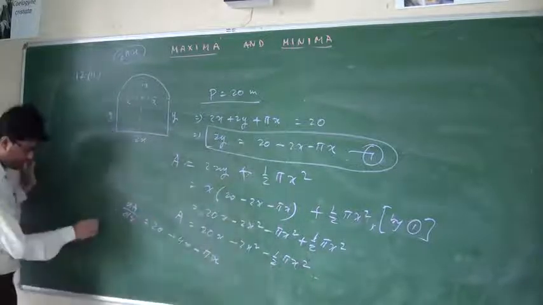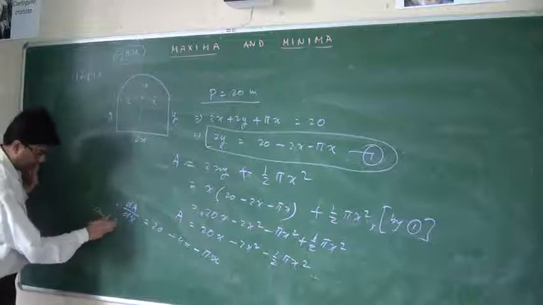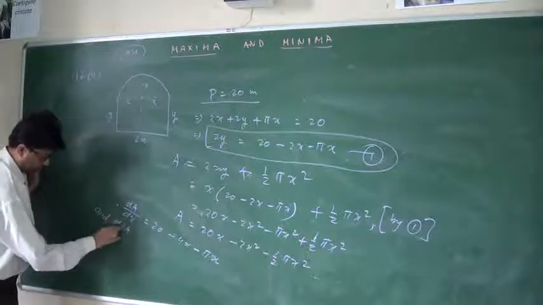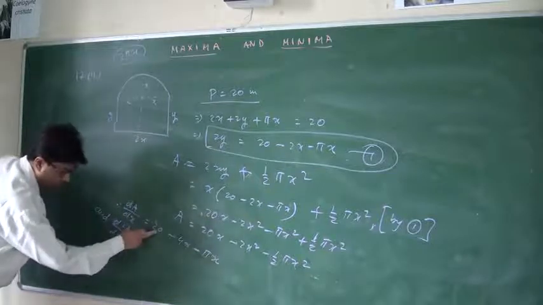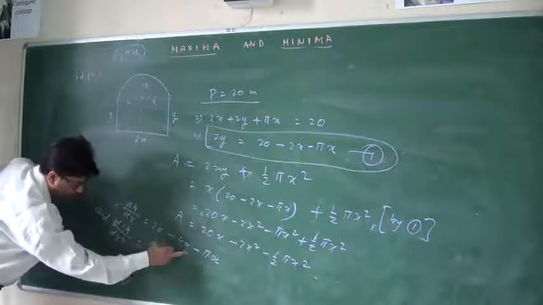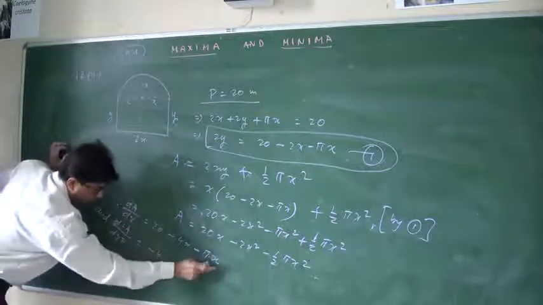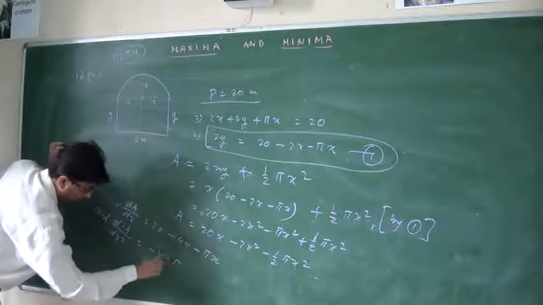This is the first derivative. And second derivative, d2A by dx2 is equal to derivative of 20 is 0, derivative of x is 1, 1 into minus 4 is minus 4, similarly 1 into minus pi is minus pi.